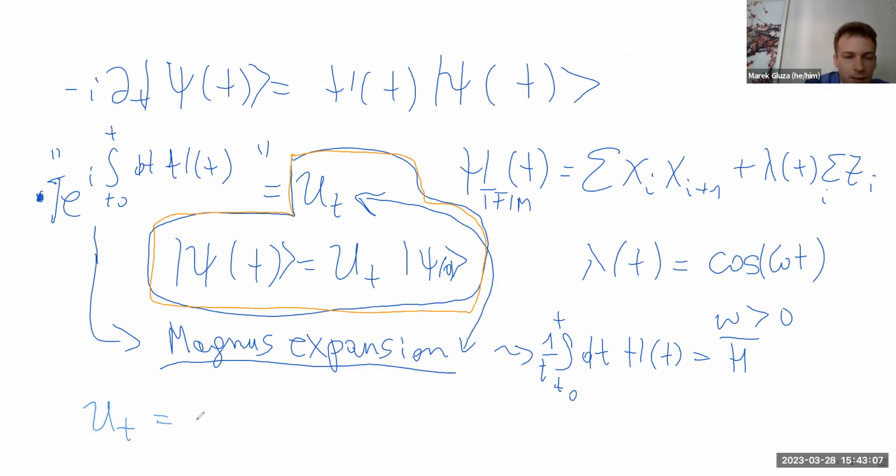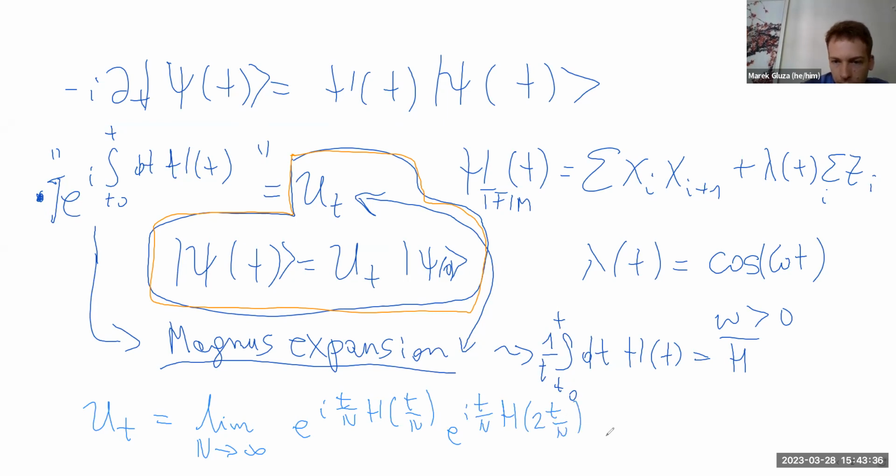U(t) I can define as the limit of n going to infinity of e^{i t/n H(t/n)}, and then e^{i t/n H(2t/n)}, then e^{i ...}. I'm not defining too many things, but just to make it explicit, this would be delta t.